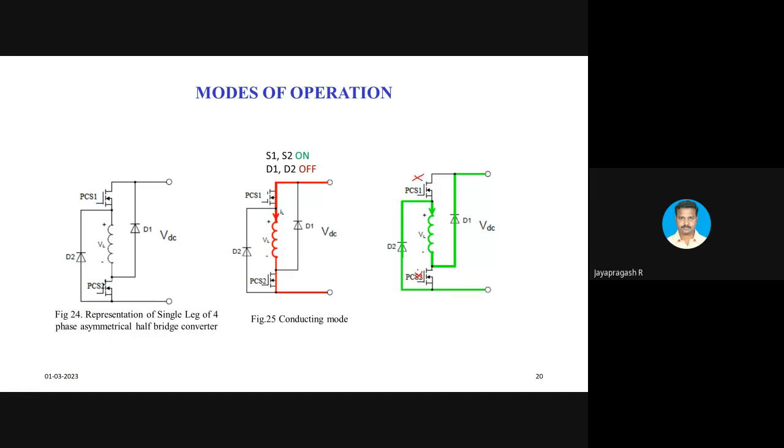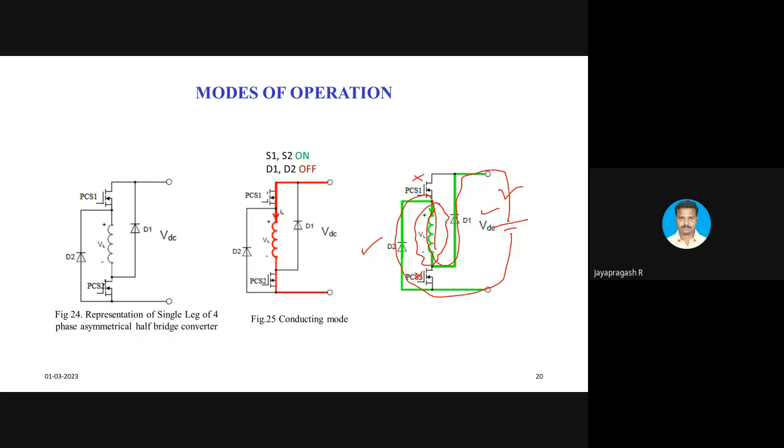Once you turn them off, the magnetic field collapses and these two diodes become forward biased, and the energy remaining in the field is pumped back to the source in this manner. So if you use an asymmetrical half-bridge converter, you can utilize the energy remaining in the phase winding in a productive manner. That is the prominent quality of the asymmetrical half-bridge converter.